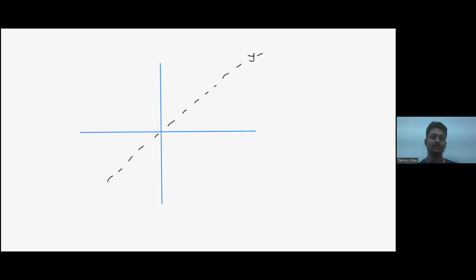So this should be your origin. Let's say this should be your point. Right? So now, whenever it is 0, this is the point. Right? Whenever this is infinite, it is never touching the axis. It is very, very close to 0. At 0, this will be infinite.